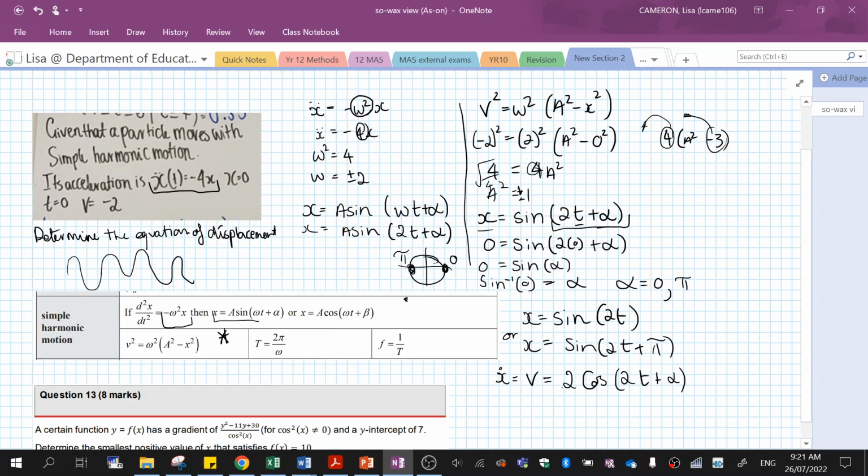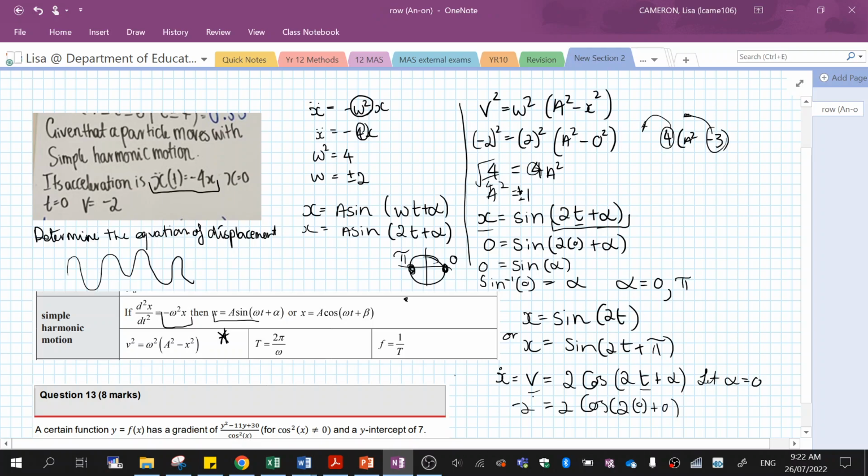If it's in this form, I can just test the statements. If I let delta equal 0, then velocity is equal to negative 2, which is equal to 2 cos of 2 times 0 plus 0, because time is 0.